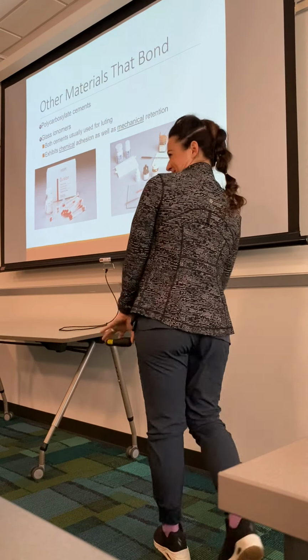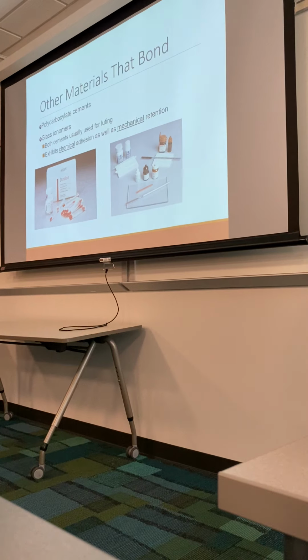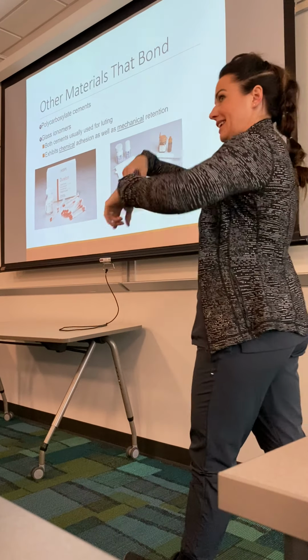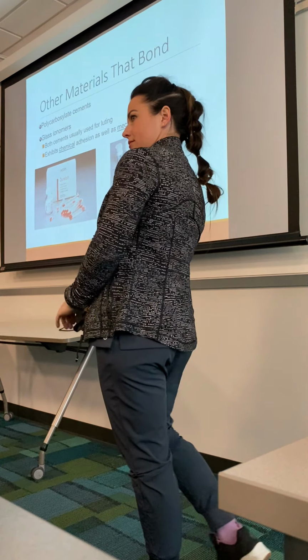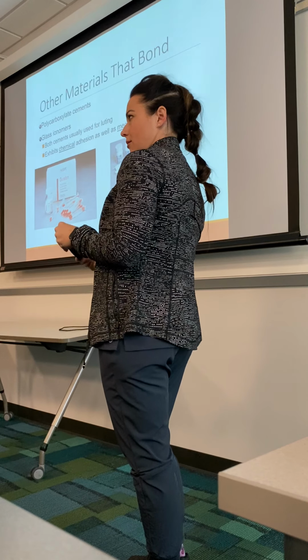Is it that there's a chemical reaction, but it still bonds to the tooth? Because it's directly against the tooth, that's what makes it mechanical. So you think of it as chemically gluing something on, not in. Does that help?